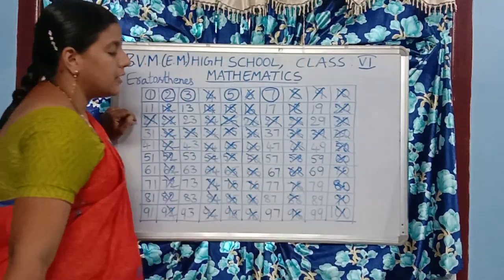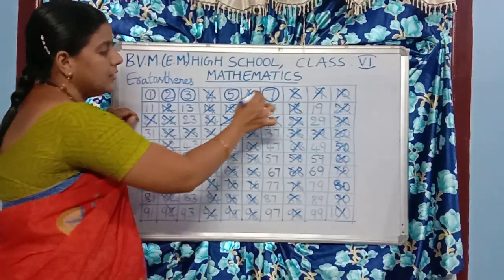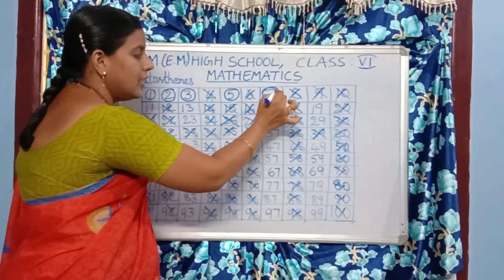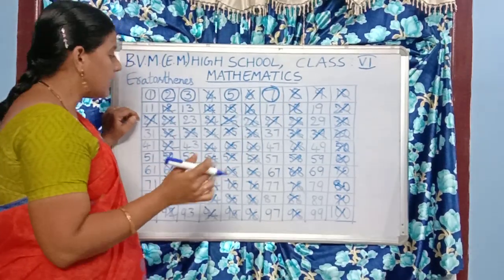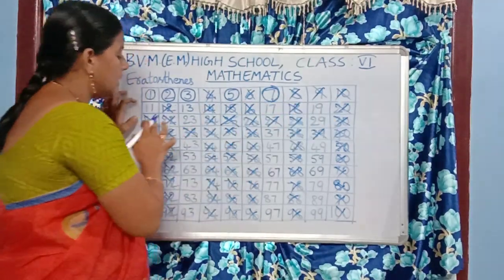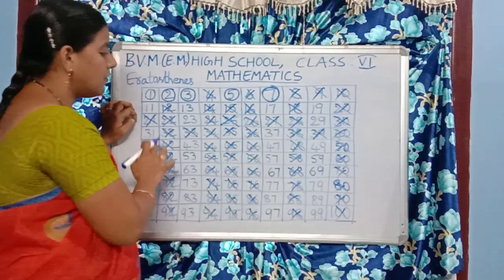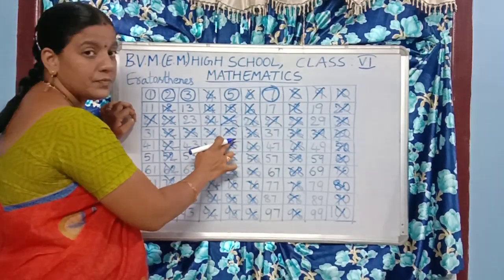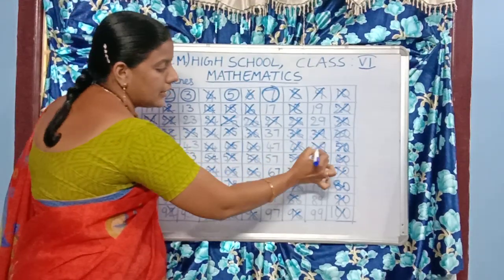Okay. Next, 7. 7 ones are 7. So 7 is a prime number because 1 and 7 are factors. 7 2s are 14. Next, 7 3s are 21. 7 4s are 28. 7 5s are 35. 7 6s are 42. 7 7s are 49.